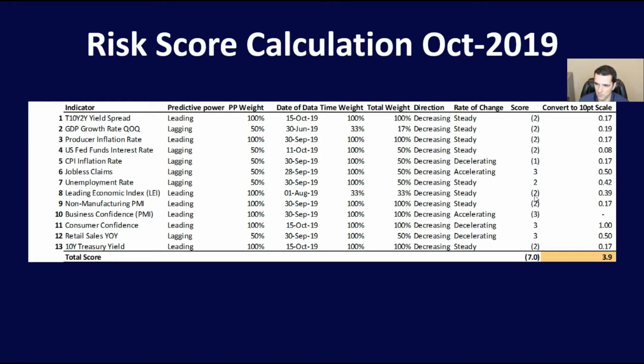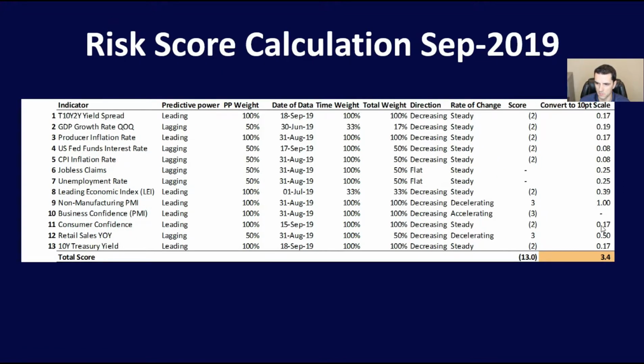This month they're both negative, so it seems like the leading indicators on the business survey confidence side are also signaling that things may not be as rosy as we like to think they are going forward here. Just flipping back to September, you can see jobless claims and unemployment were flat, not positive.